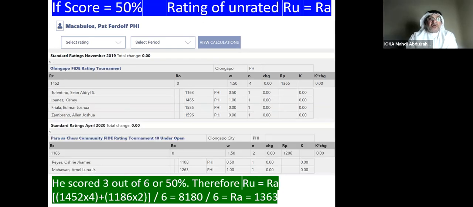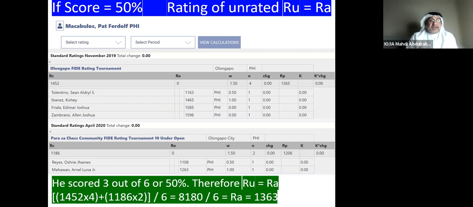If he scored 50%, so he played with 5 opponents, and in the first event, against the first opponent, he drew, the second one he won, the third one he lost, the fourth one he lost. And still he played with only 4 rated players. He's supposed to play with 5.